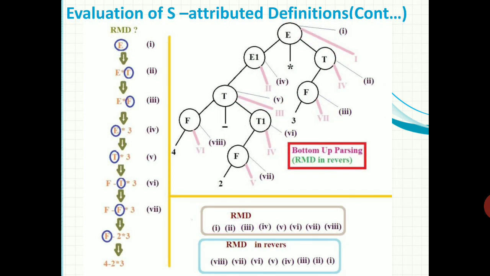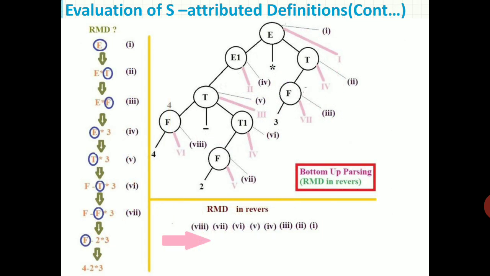That is, we will get the rightmost derivation in reverse order as 8, 7, 6, 5, 4, 3, 2 and 1. In this same order we are going to evaluate the expression.